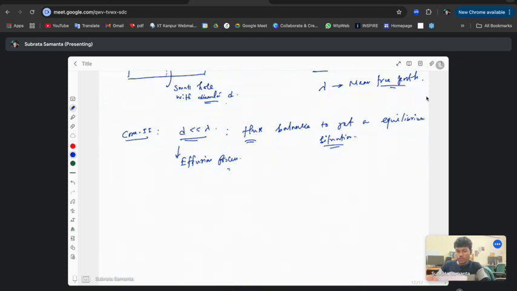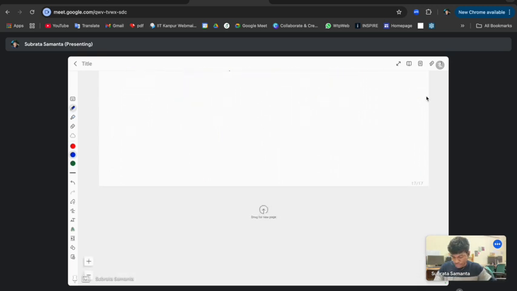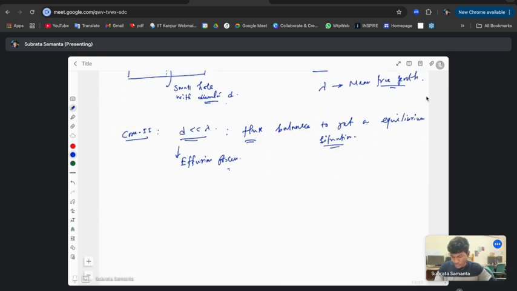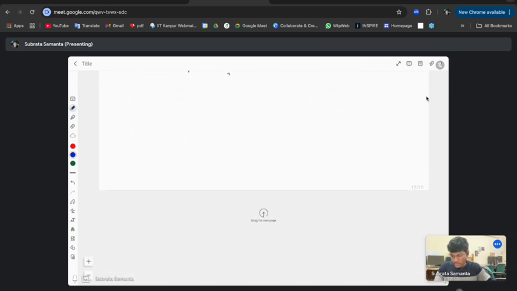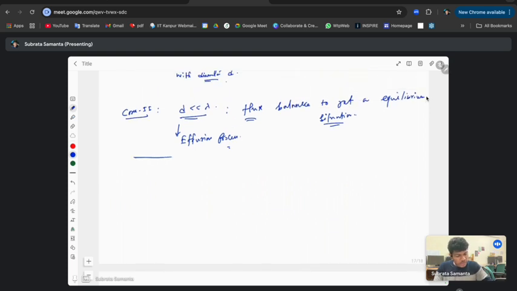So this is the mean free path, and now I'm considering the mean free time, the mean collision time tau.